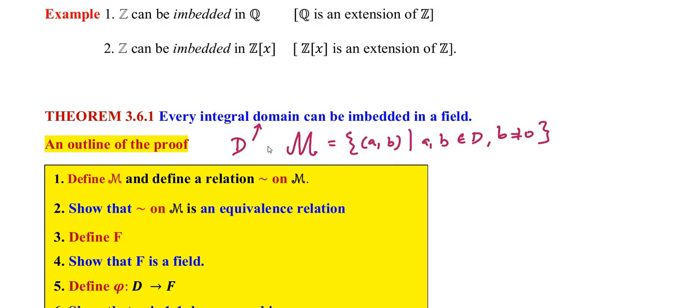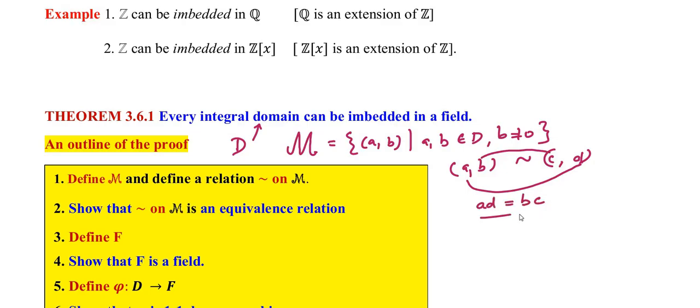So we first introduce this collection script M, and we are going to define a relation tilde on M. If you take two elements, say (a, b) and (c, d), we are going to relate these two. How is that relation defined? It is ad equals bc.